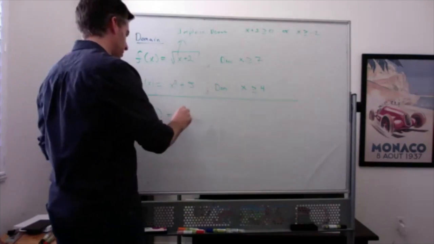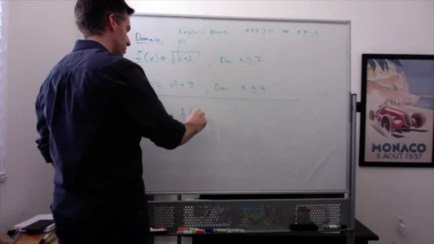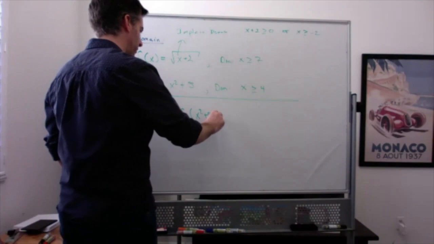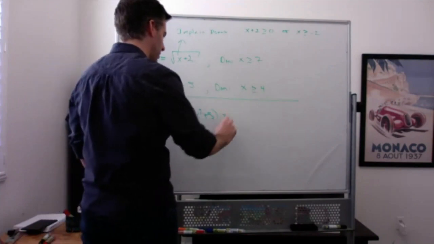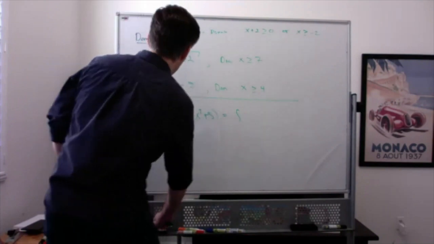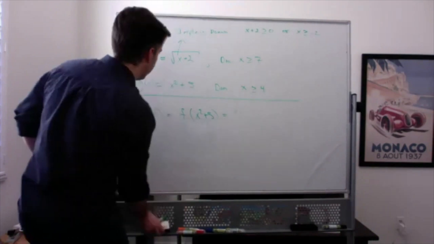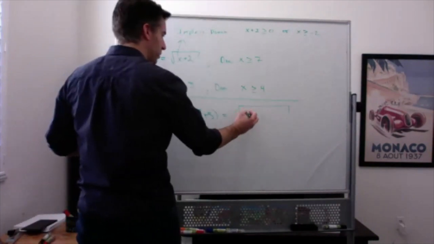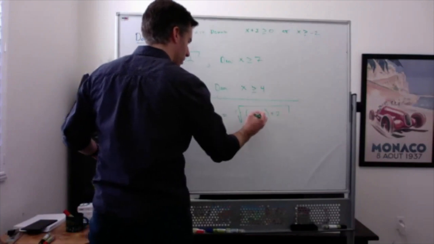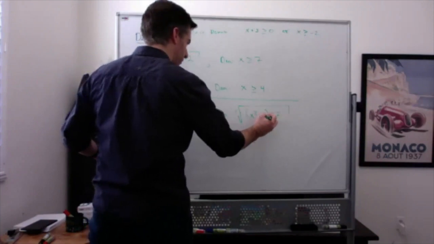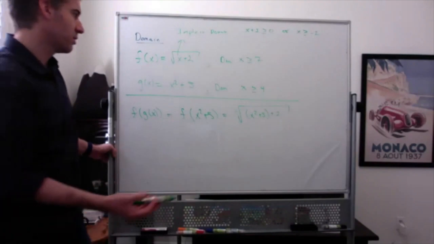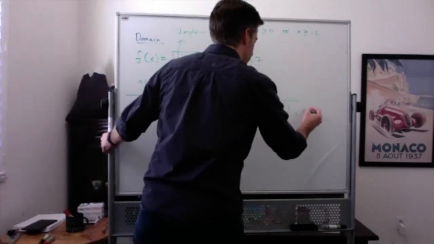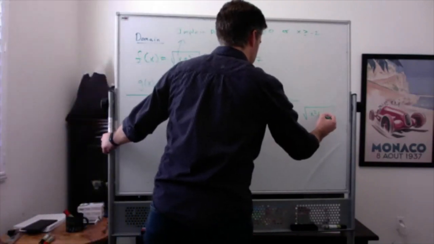So I've got g, which is x squared plus 5. And then f of x squared plus 5 is going to be the square root of, instead of x plus 2, it'll be x squared plus 5 plus 2, which we could simplify as the square root of x squared plus 7.